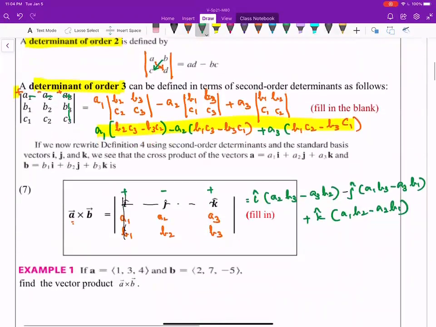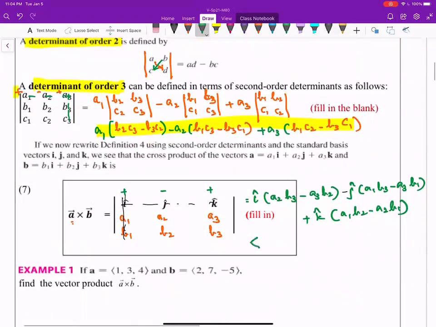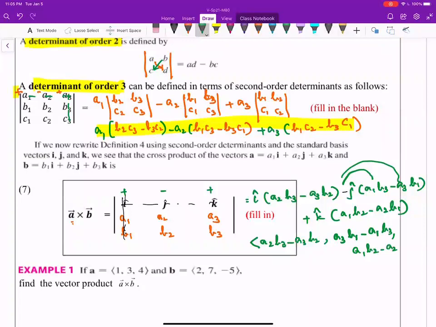So if you write this in component form, that will be A2 B3 minus A3 B2. Then I can take the negative sign here and distribute. So I'll be left with A3 B1 minus A1 B3. Then the third component would be A1 B2 minus A2 B1.